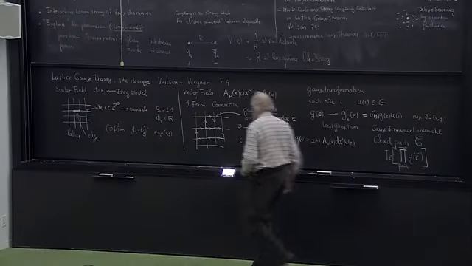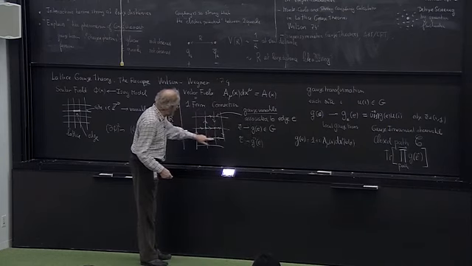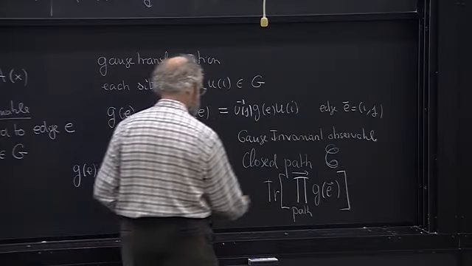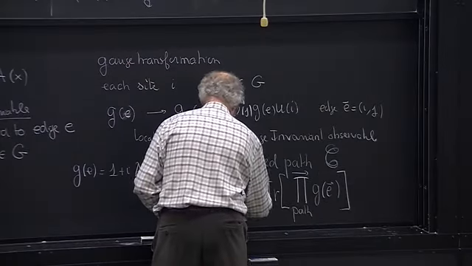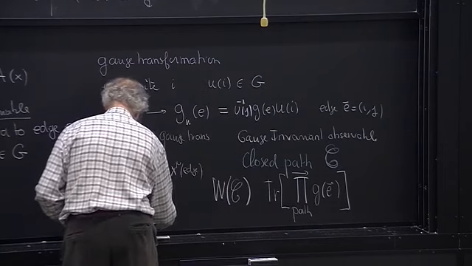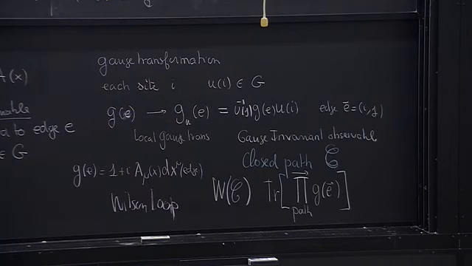Trace of this G times this G and this G, and you can check that this is invariant. And this is called a Wilson loop associated to a path.